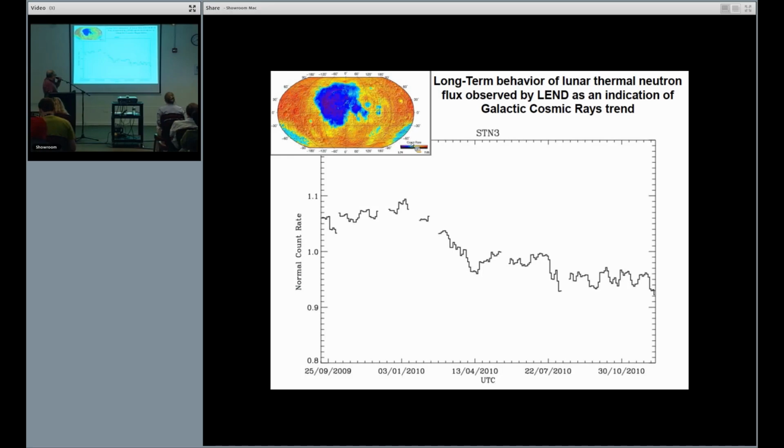And this is how it goes with the flux of thermal neutrons. It goes up, peaks somewhere around January of 2010, and then it drops by about 15%, and then just fluctuates.